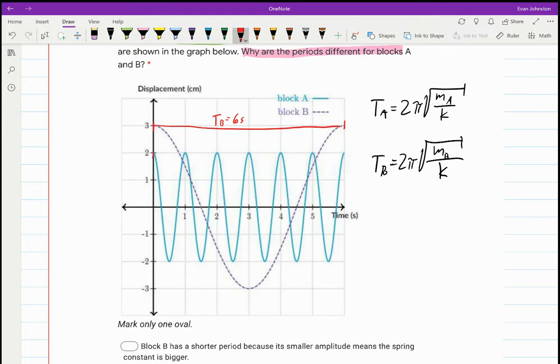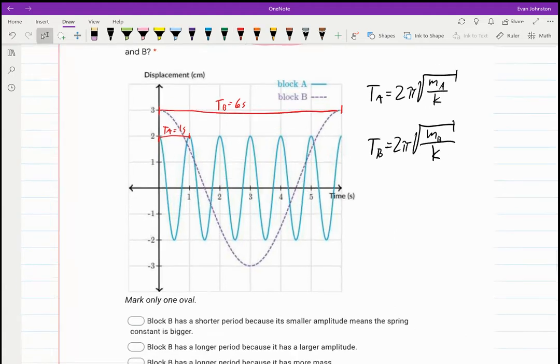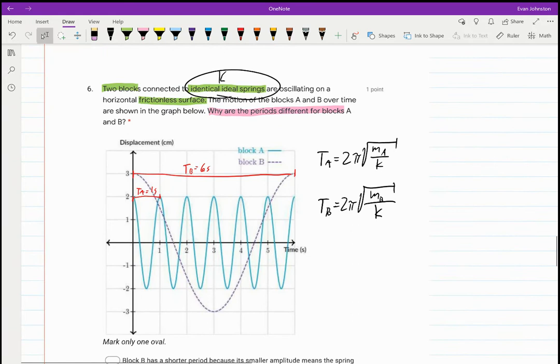And then this one has a tiny period of 1 second. So it has 1/6 the period of block B. So if the springs are the exact same, what is different? Well, it must be the blocks.